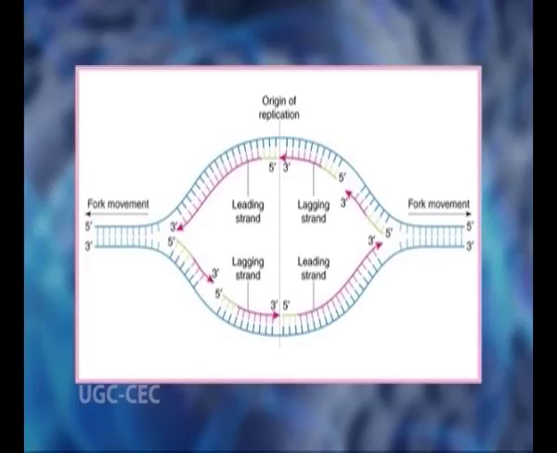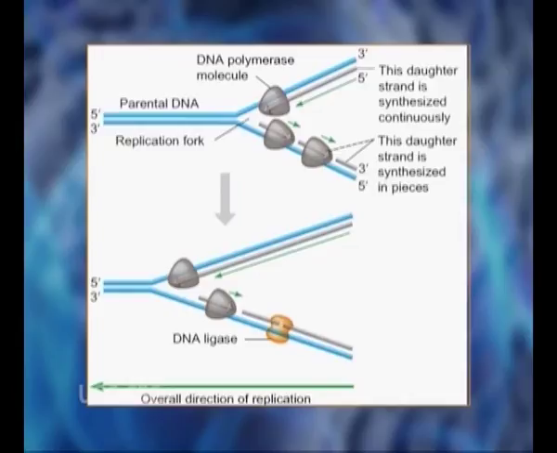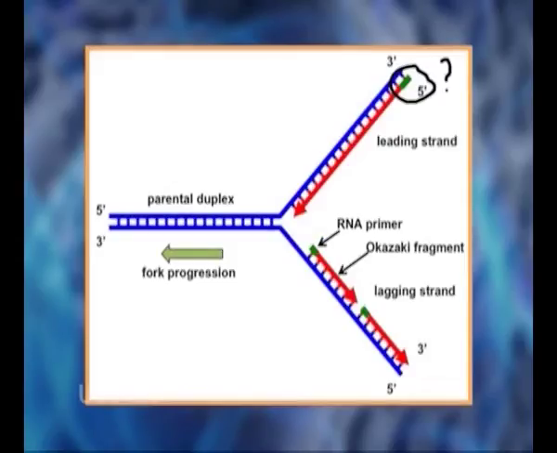The other template strand is oriented 5' to 3' at the replication fork, and hence copying it will result in synthesis in a 5' to 3' direction relative to the direction of the fork movement. This new DNA chain, called the lagging strand, is synthesized discontinuously as a series of short DNA fragments. Each of these short DNA chains is synthesized in a 5' to 3' direction.